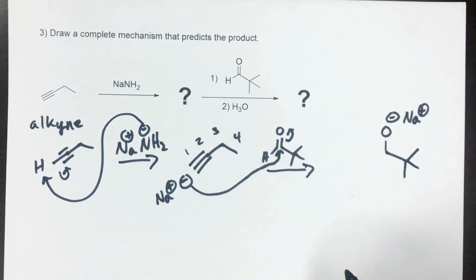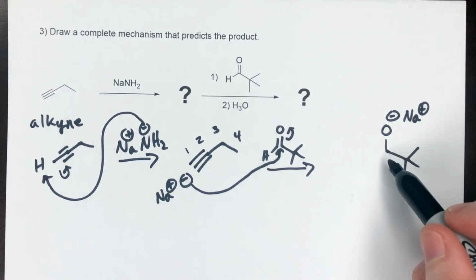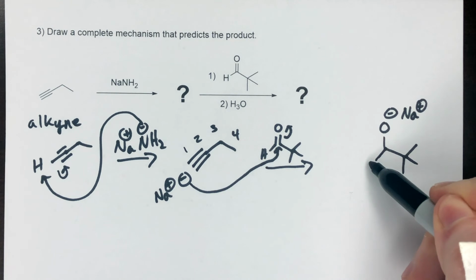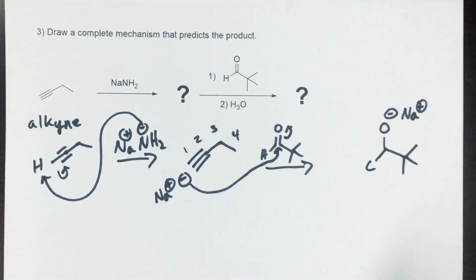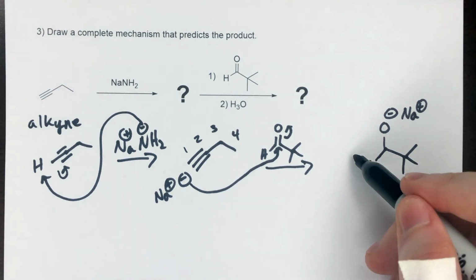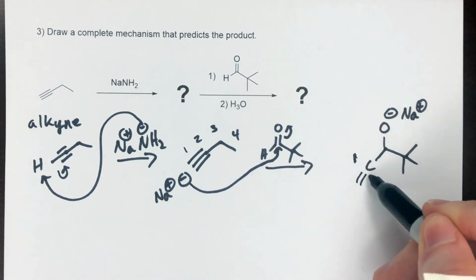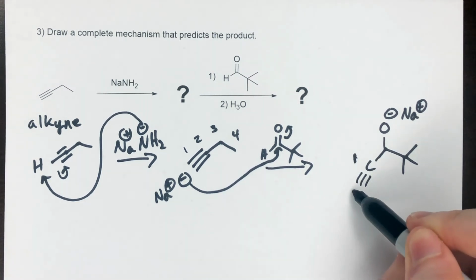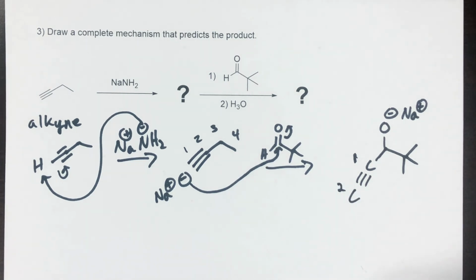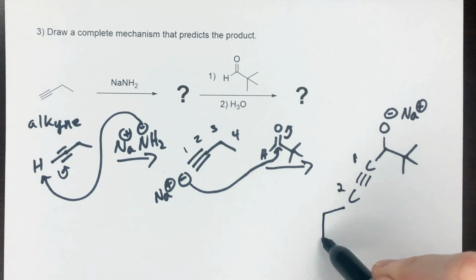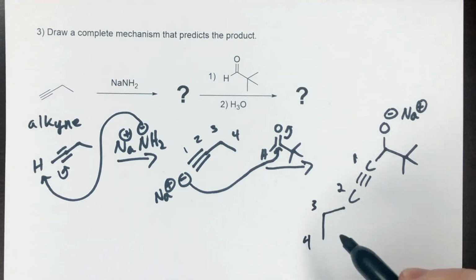That's to the right of the carbonyl. And then we're now going to create a bond to the carbonyl, which is now the alkyne carbon, which is carbon 1, right? And carbon 1 is triply bound to carbon 2. And then we have carbons 3 and 4 that finish out this molecule, right?